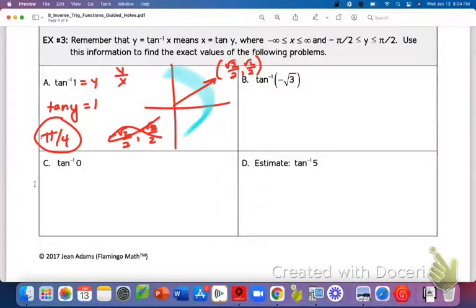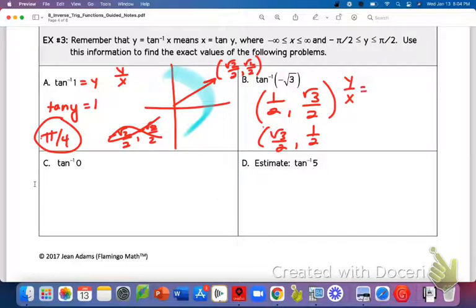Over to B, we need our ratio to be negative root 3. So again, our options are 1/2 and root 3 over 2, or root 3 over 2 and 1/2. I'm ignoring that negative right now. If I do y over x here, that would be root 3 over 2 divided by 1/2, which is root 3 over 2 times 2 over 1, which cancels.